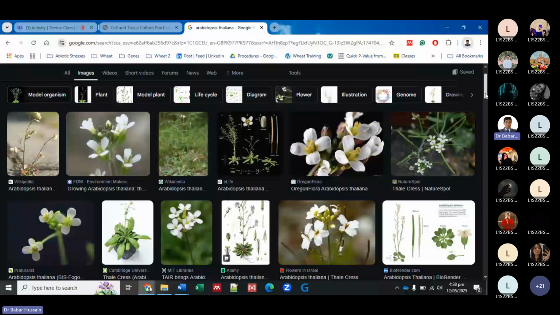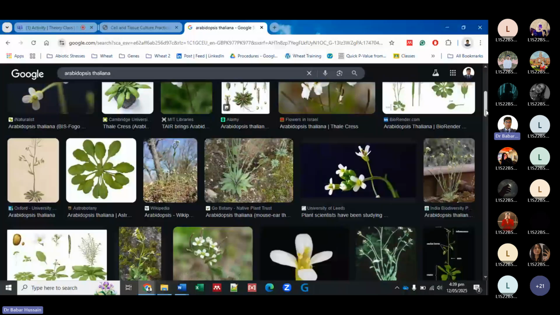Like we can do tilling, we can do gene knockouts through CRISPR-Cas system, etc., and we can knock out some genes, and then we can look at what their functions are in plants. So this is why Arabidopsis thaliana is a model plant, because we can study and understand different types of processes like germination, plant growth and development.